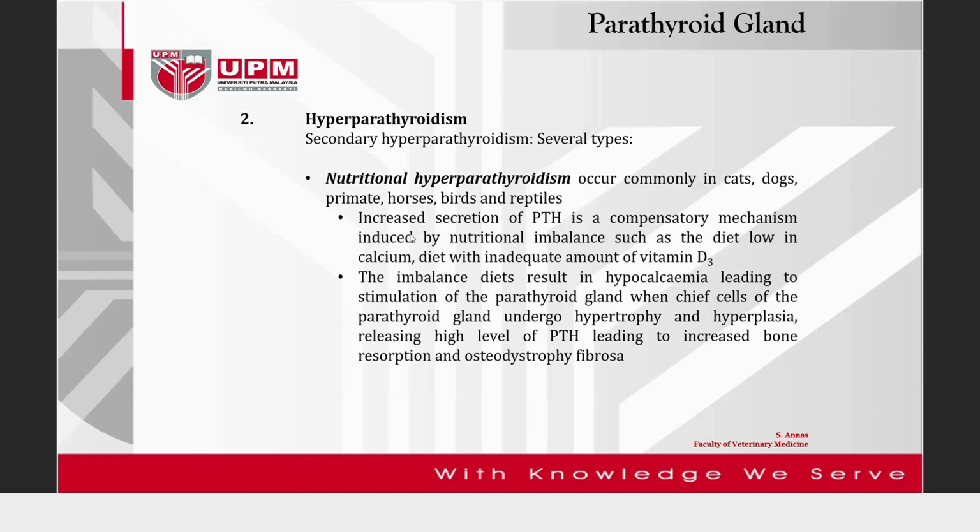Then the parathyroid gland will try to correct this hypocalcemic state by secretion of PTH. So when there is an imbalanced diet that results in hypocalcemia, the negative feedback stimulates the parathyroid gland, specifically the chief cell.